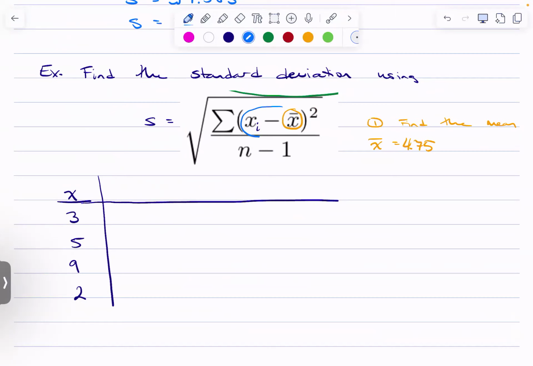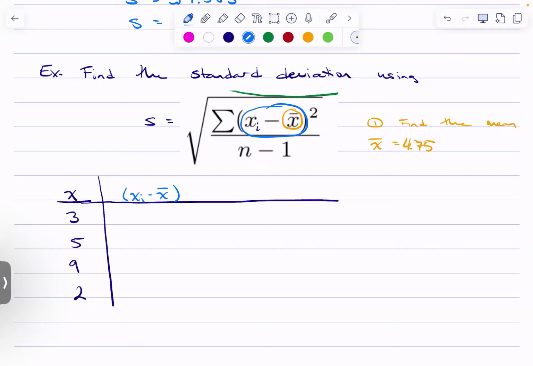blue for contrast. Inside the brackets, right? So just moving out. Inside the brackets, we first have to take xi minus x bar. I'm going to make a new column, just like I did with my x squared.